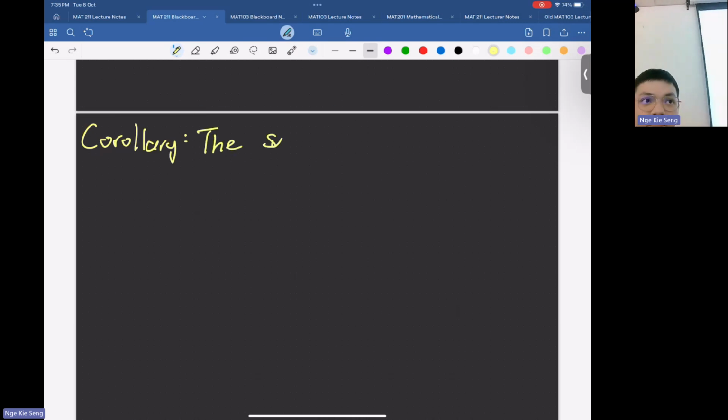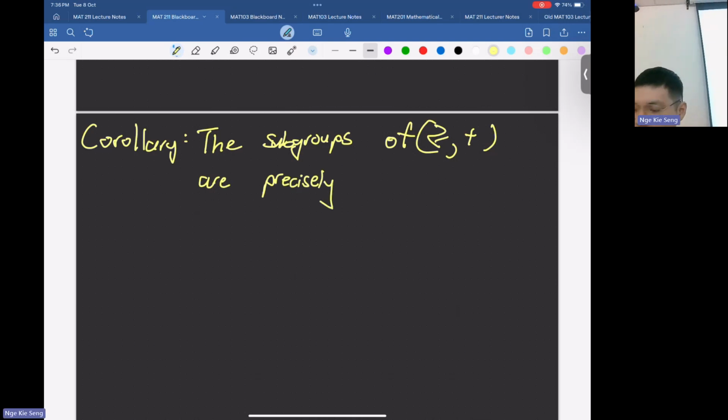So the subgroups of Z under addition are precisely what? Precisely the groups of multiples of n. Multiples of n.